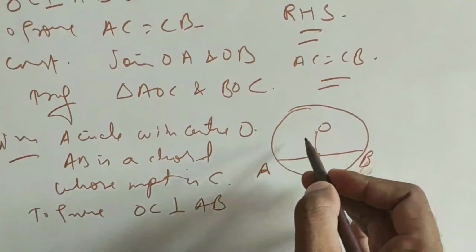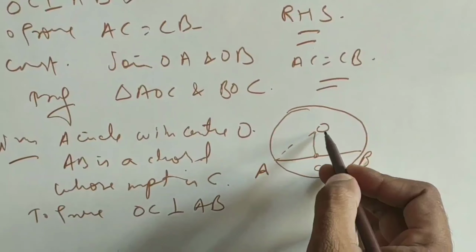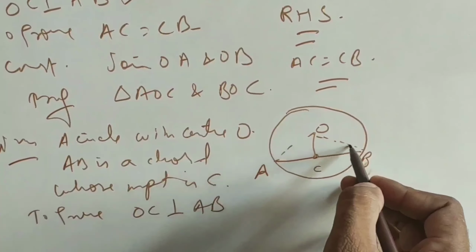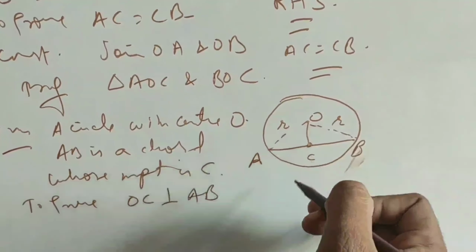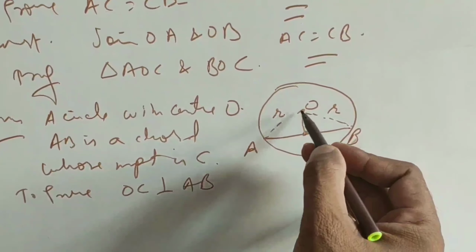To prove this, again join these two triangles. On joining them we can find that this is a radius, this is a radius. Radii of the same circle are equal.